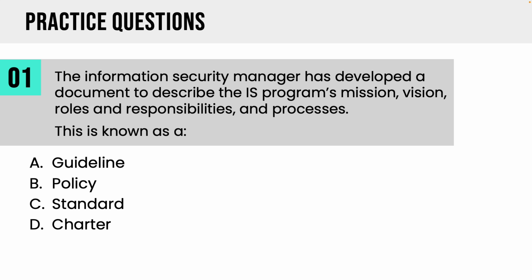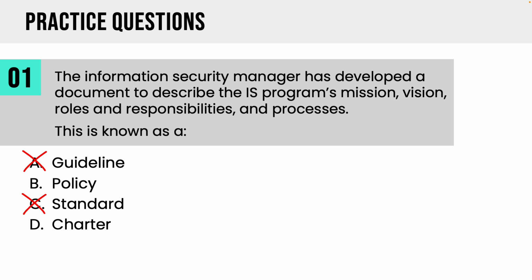These are all useful inputs to our effort. There are two that we can eliminate right away. The guideline, which gives us guidance on best practices for various functions, is really more about how we do something, not describing what the elements of our program entail. And we can knock out standard for a similar reason, more about how than what.